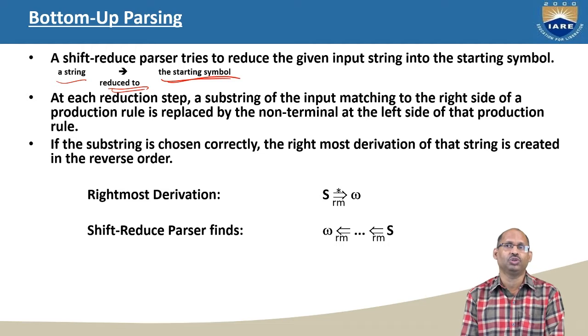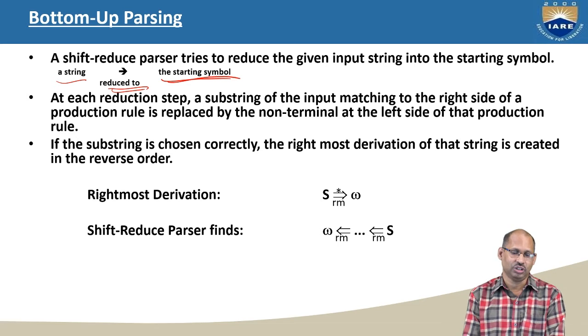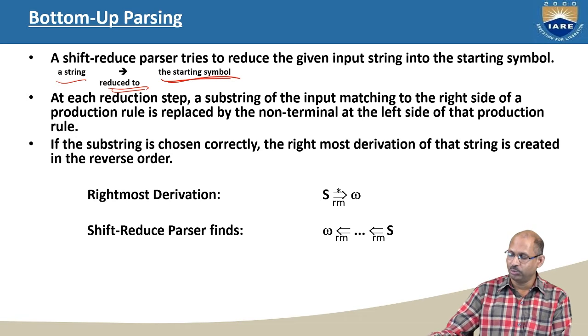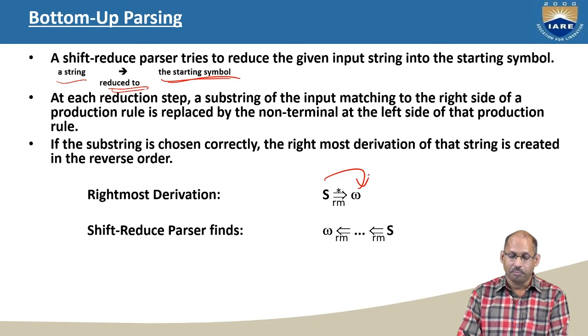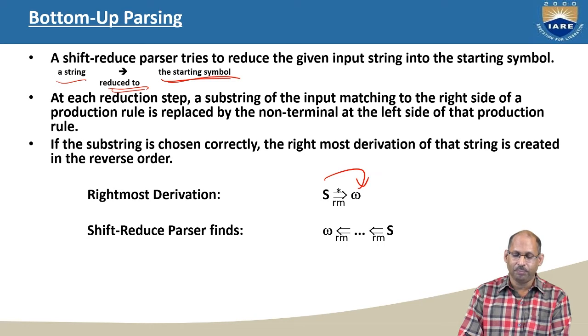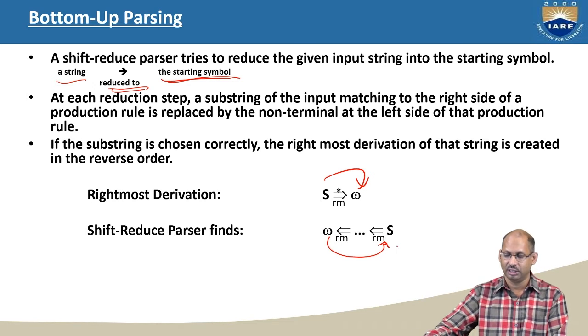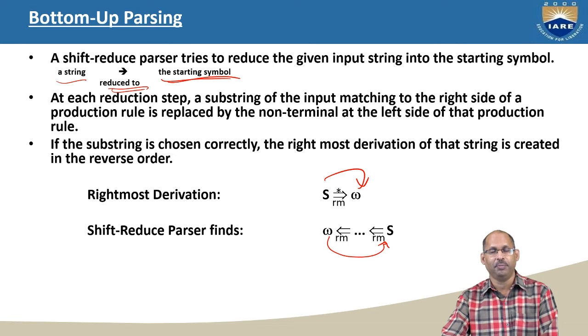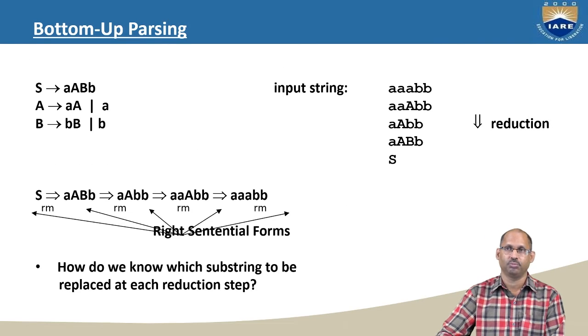If the substring is chosen correctly, then the rightmost derivation of the string is created in reverse order. If S derives W in the rightmost derivation, bottom-up parsing will reduce W to S. That is the bottom-up parsing method.